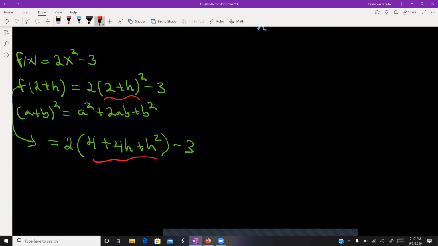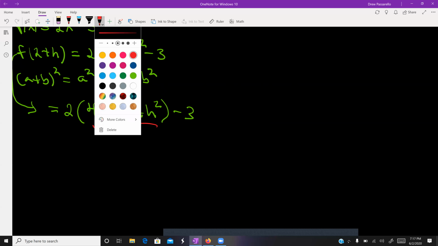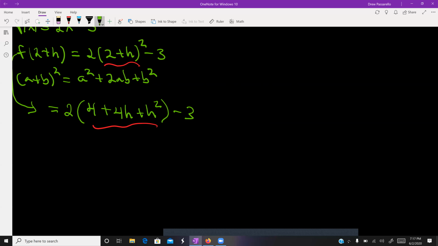And now I'm going to distribute the 2. So 2 times 4 is 8, 2 times 4h is 8h, and then plus 2h squared. And then I have the minus 3.